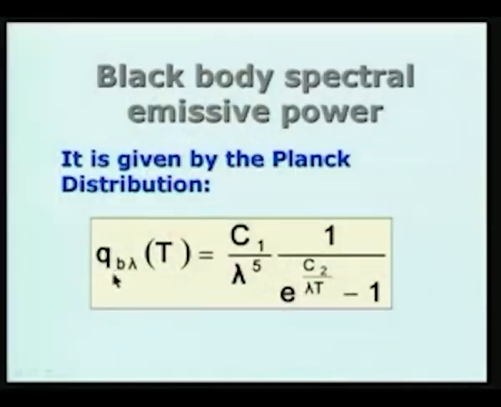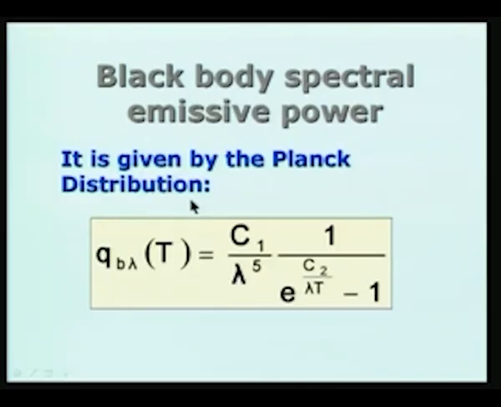Even in the absence of a fluid or a substance in contact with the surface, there will be heat loss, which is given by the black body emissive power, which is a function purely of temperature and the wavelength at which the heat is radiated.